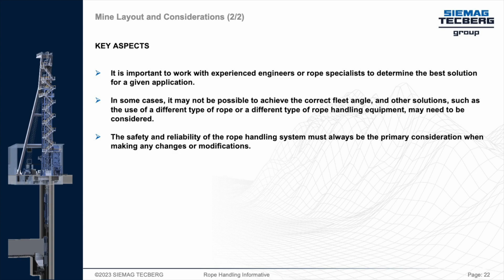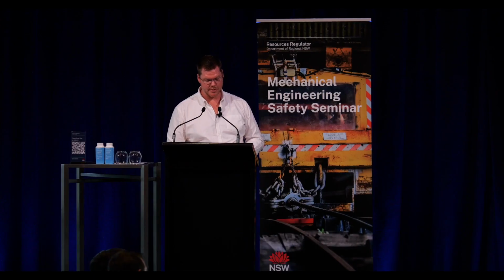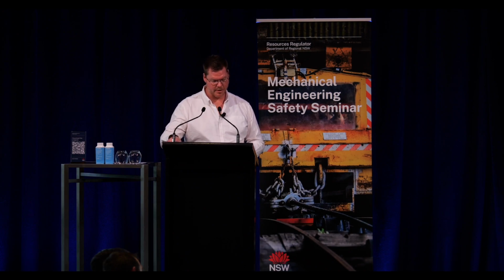It's important to work with experienced engineers or rope specialists to determine the best solution for the given application, because in some cases it may not be possible to achieve the correct fleet angle, and other solutions, such as a different type of rope or a different type of rope handling equipment, may need to be considered. The safety and reliability of the rope handling system must always be the primary consideration when making any changes or modifications.